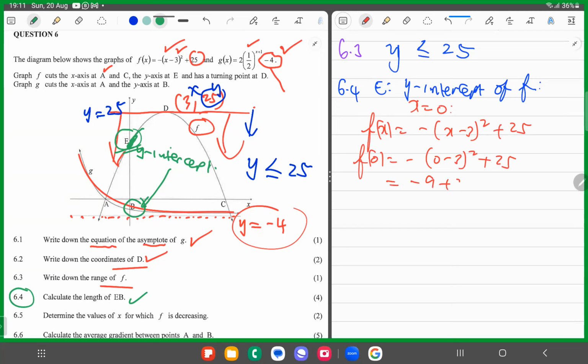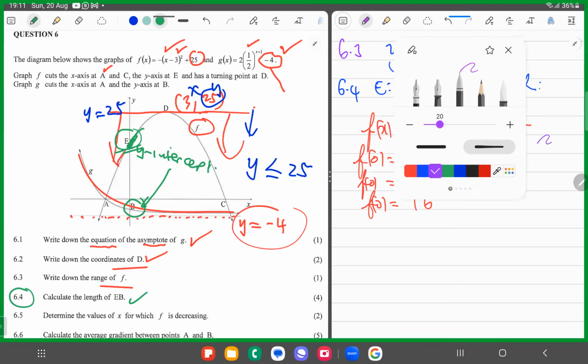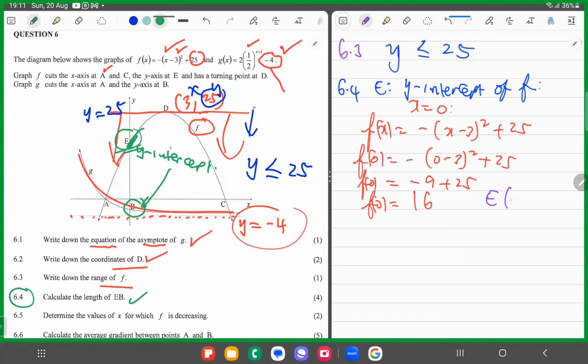So this is minus 9 plus 25, which means f of 0 is 16. X is 0 and y is 16.